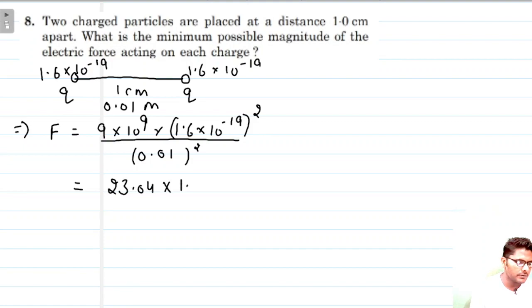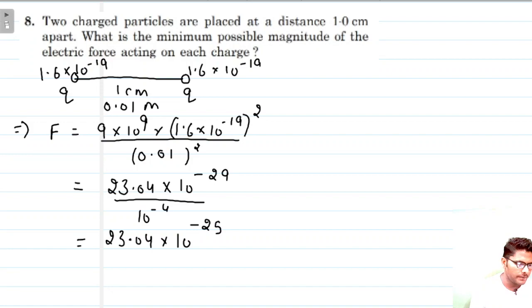As we have multiplied this quantity many times before, this will be 23.04 into 10 raised to the power minus 29. From below, you will get 10 raised to the power minus 4. And when you take this into the upper side, this will be 23.04 into 10 raised to the power minus 25.